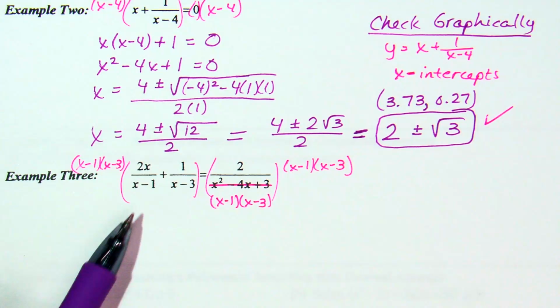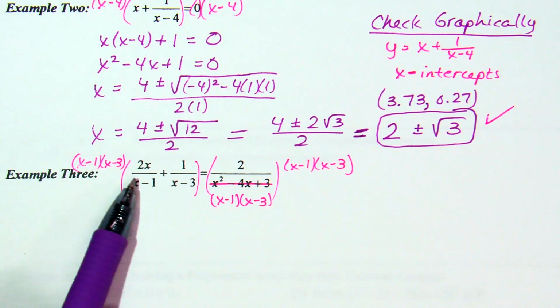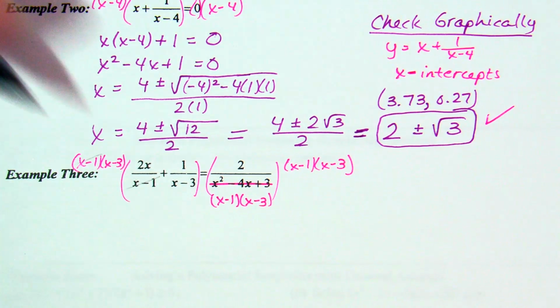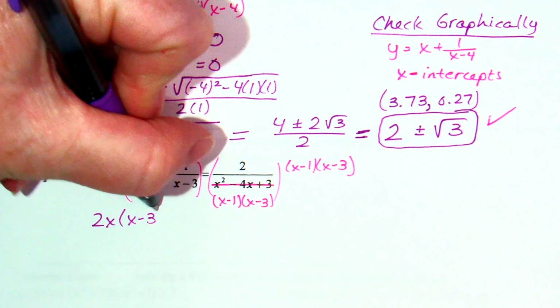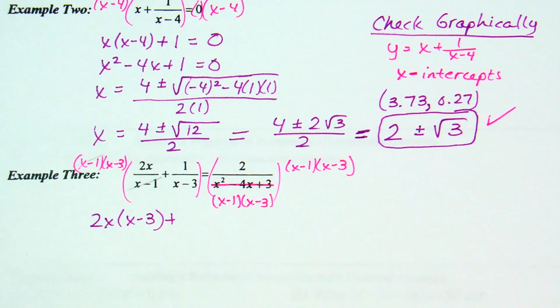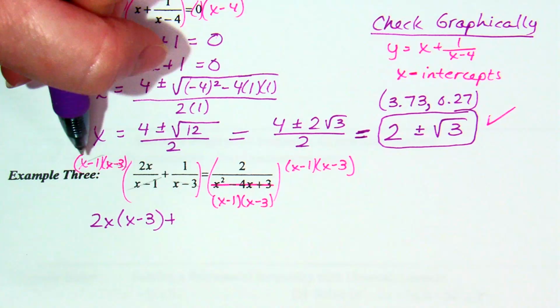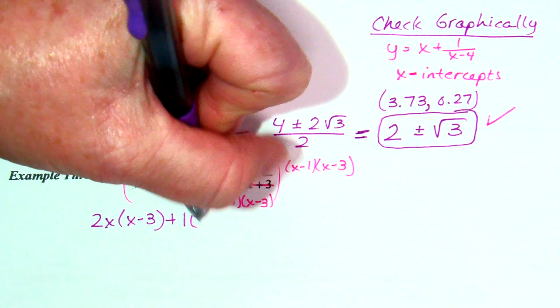So work with me real quick. First fraction, x minus 1 will cancel. What remains? The x minus 3 and the 2x. Plus, second fraction, what cancels? x minus 3, x minus 3. What remains? x minus 1, and it's times a 1.